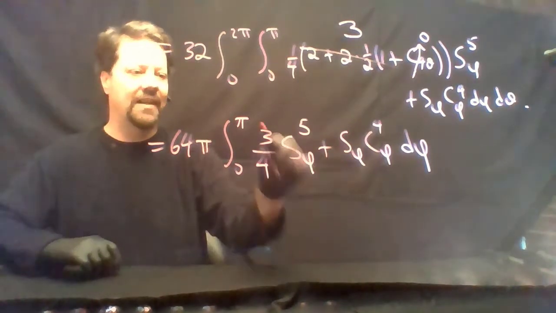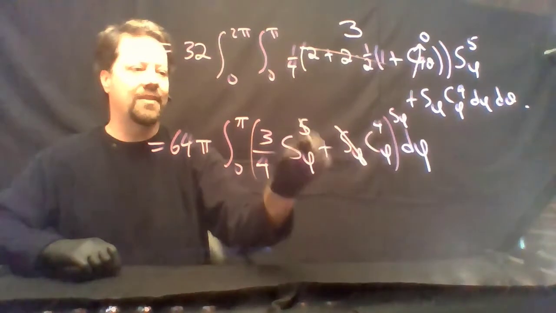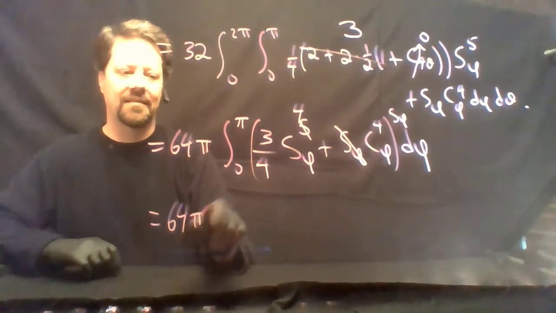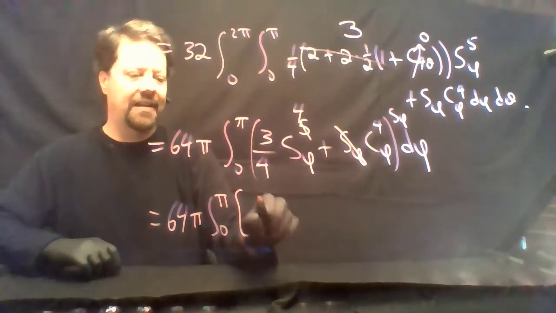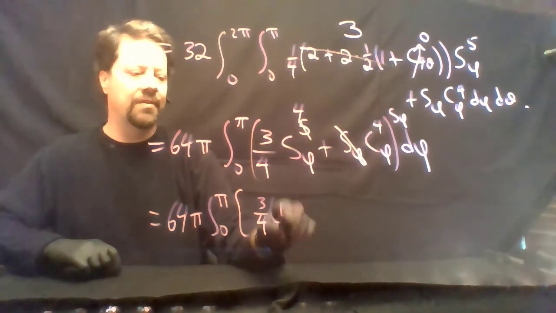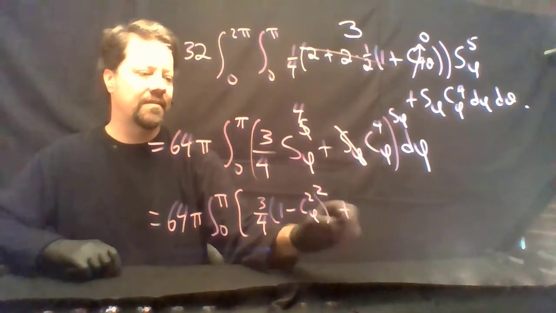Now we can factor a sine phi out of these two terms. We'll have 3/4. We'll convert sine to the fourth to (1 minus cosine squared phi) squared.